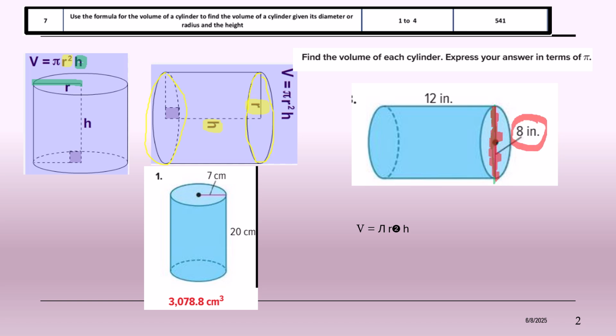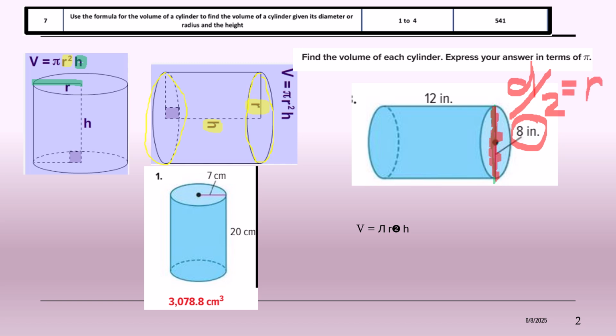Now, when you are given the diameter, it is not the radius. So, when you are given diameter, always divide your diameter by 2. When you divide the diameter by 2, it will give you the radius.